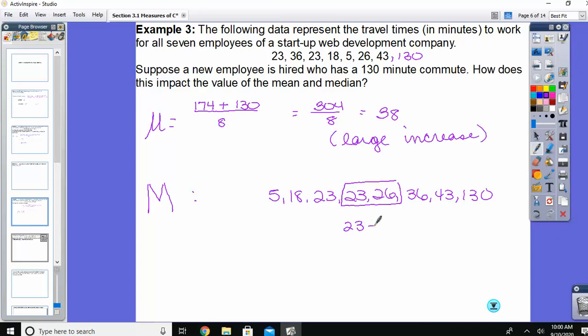I'm going to add those up, divide by 2. So my median is 24.5. Okay, so the median before was 23, now it's a 24.5. So it changed a little bit, but was it the big increase we saw with the mean? No.